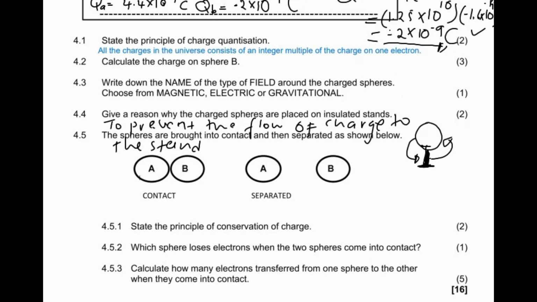In an insulated stand, we know that charge cannot move. So that is the primary reason why we put these charged spheres on insulated stands.